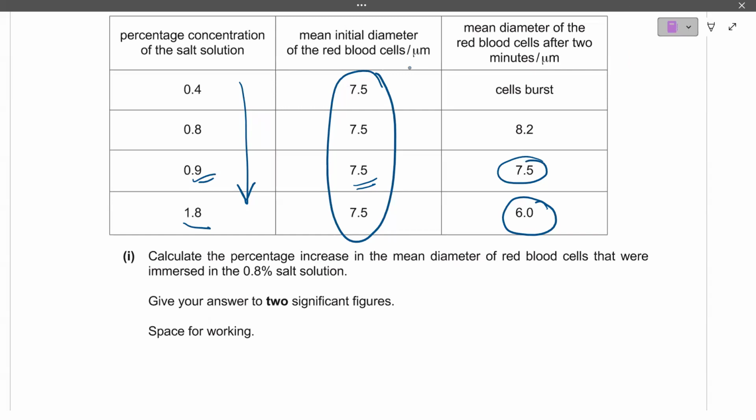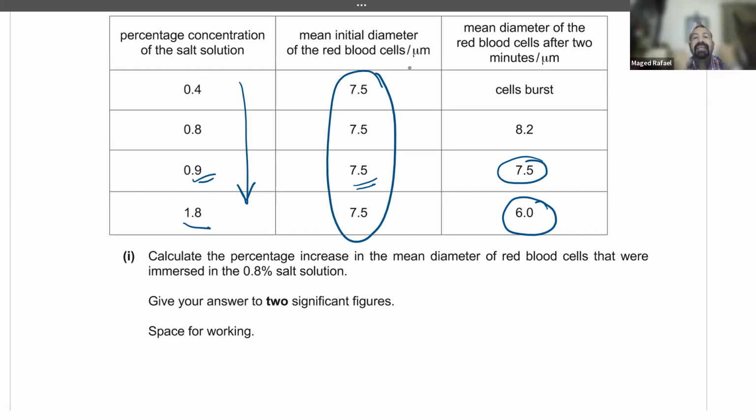Yes, Masoud? Mr., how does the cell burst at 0.4, however at 1.8 the cell does not burst? Great, great. Is it related to the amount itself, or related to the concentration of the salt solution inside the cell, and this controls the movement? Very good question.